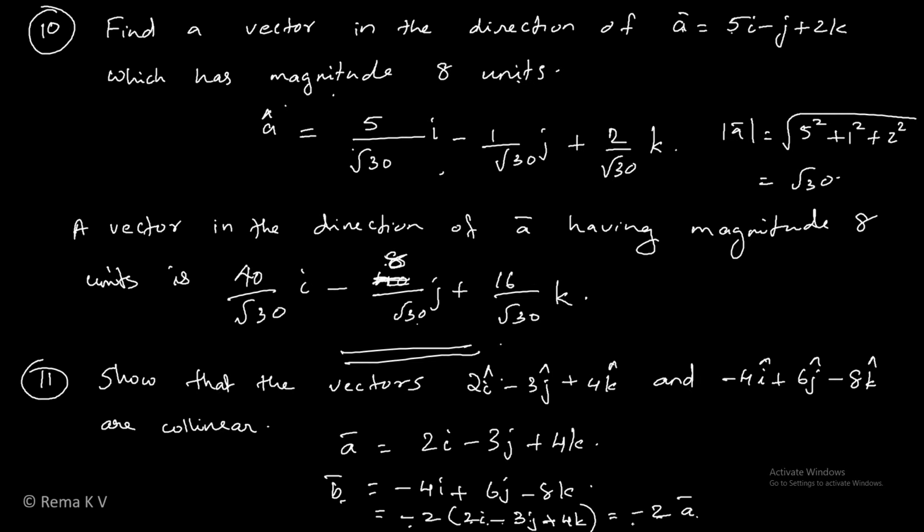Collinear vectors. Can you say what will be the direction of this vector B?